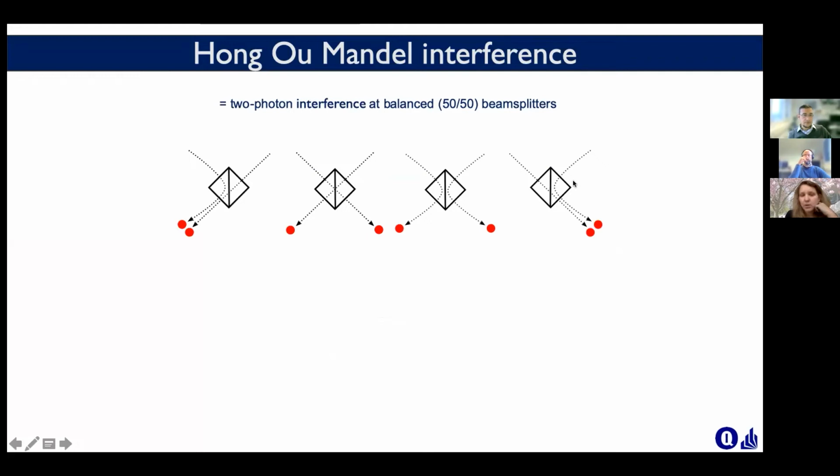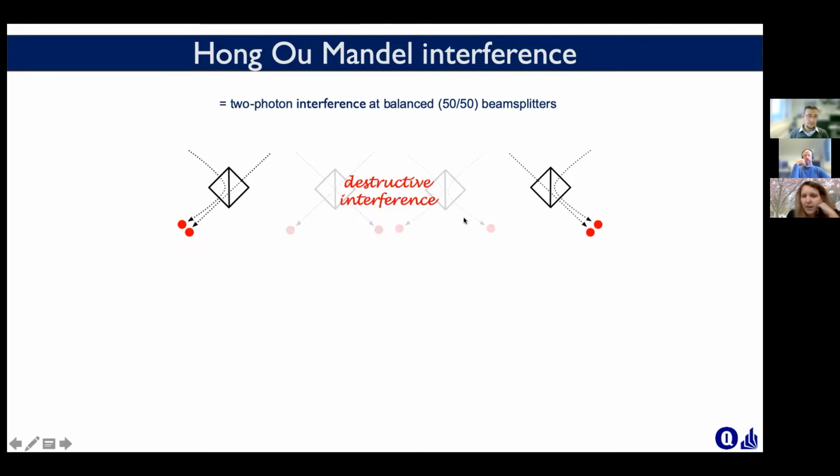Here you see 4 different cases, and it's a 2-photon interference at a 50-50 beam splitter. So I consider the case where 2 photons are impinging on a 50-50 beam splitter, and you can imagine that in principle these 4 outputs are possible for the 2 photons to come out.